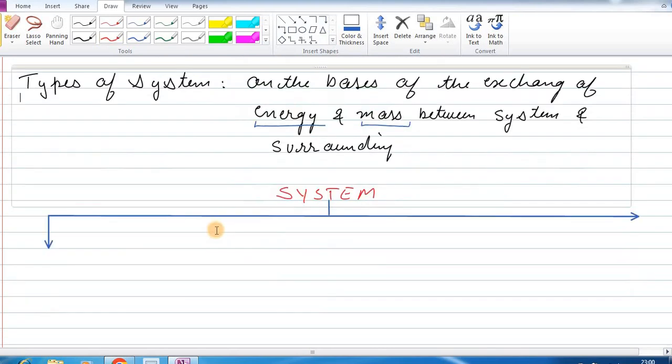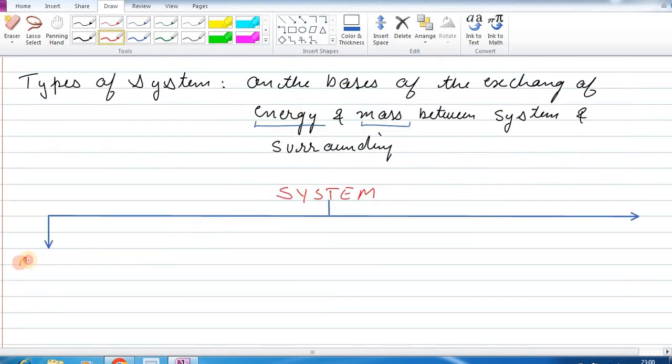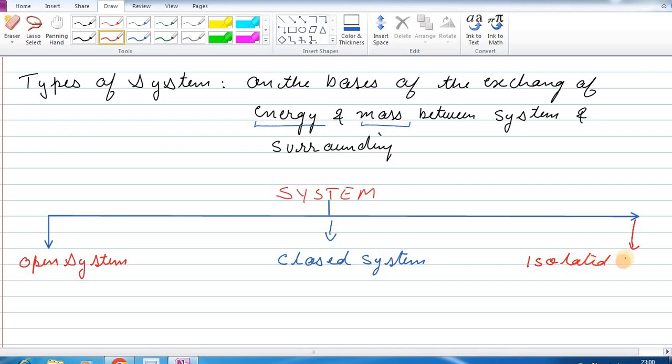Three types of system. One is open system, another is closed system, and the third one is isolated system.